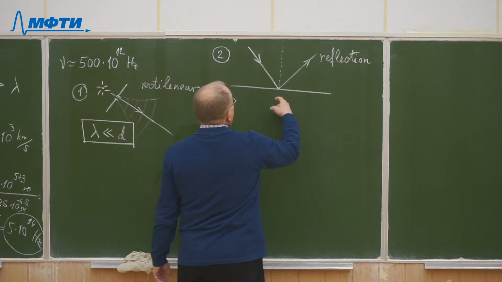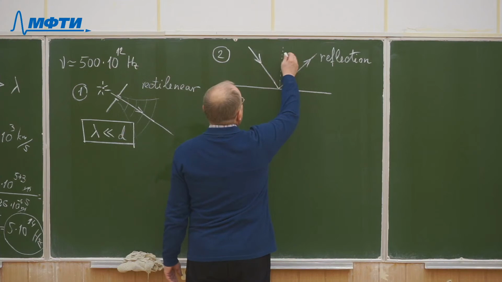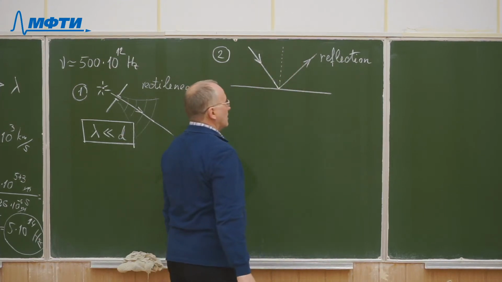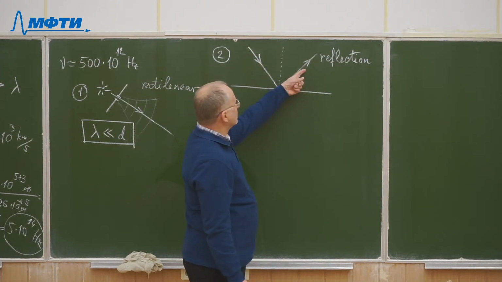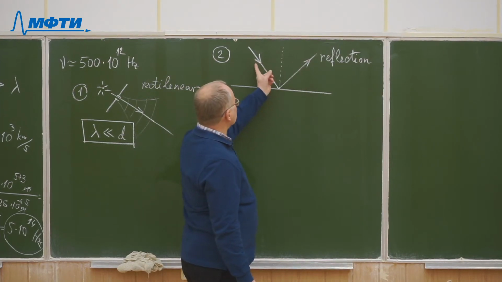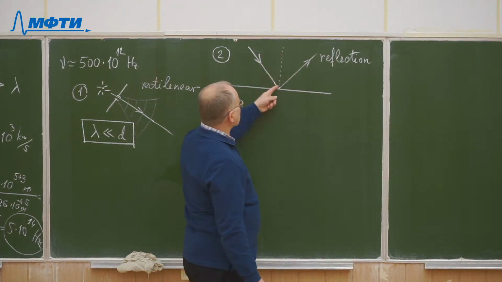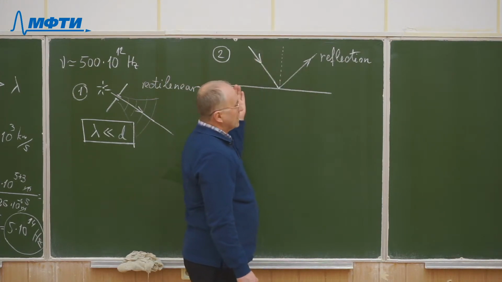There is a simple law of reflection. If you draw a perpendicular to the surface, a normal line, then the reflection takes place in such a way that the reflected ray and the incident ray lie in the same plane with the normal. These three lines, the incident ray, the normal to the surface and the reflected ray, all belong to the same plane.